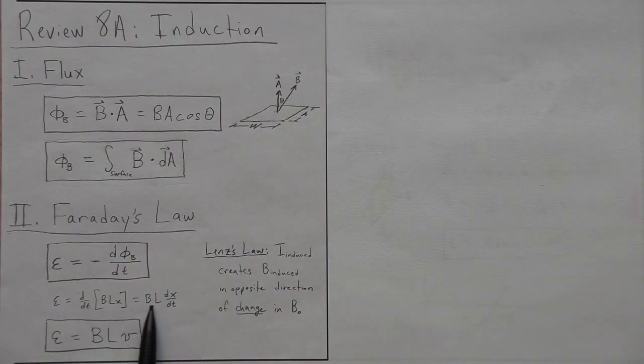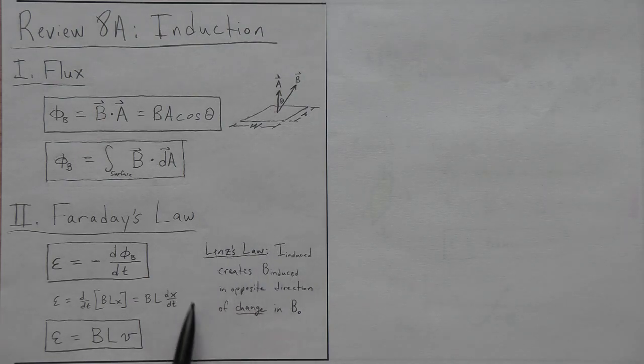When you take the derivative, the only thing that changes is the X coordinate of how far the coil's going in. That becomes velocity. So another expression for the voltage for a coil moving into or out of a magnetic field region is BLV. Okay?